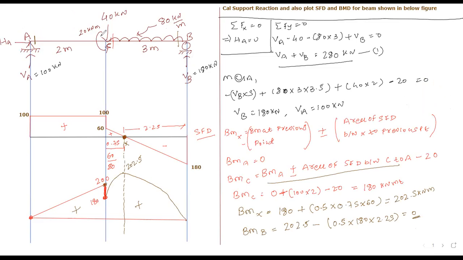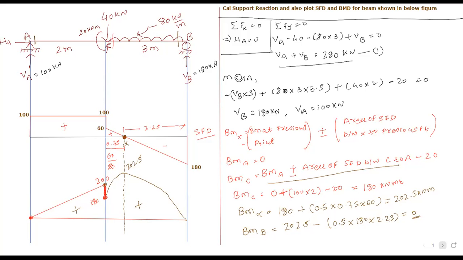Should this 20 kilonewton meter moment be considered? Is it required to consider the 20 kilonewton meter moment? No, because we are going to consider shear force calculation. We are not considering any moments.